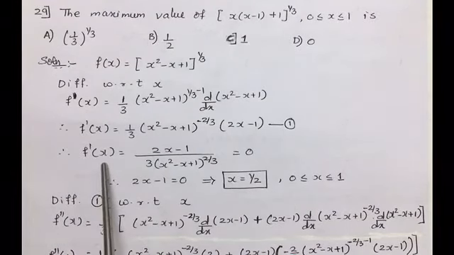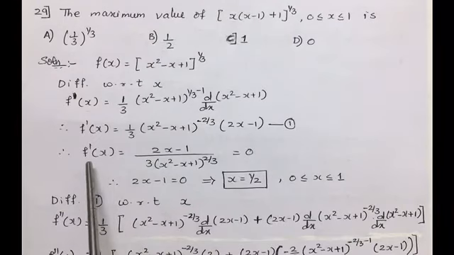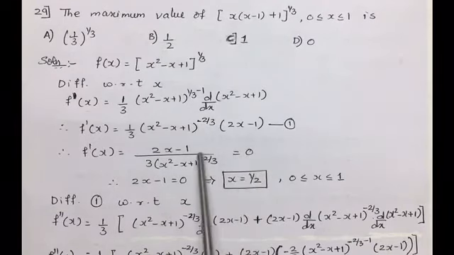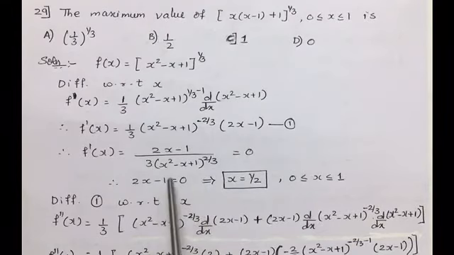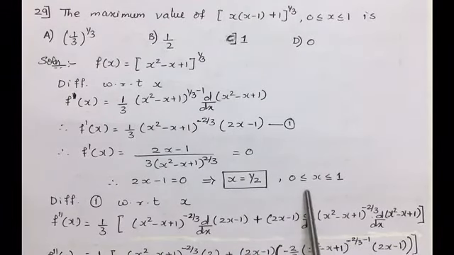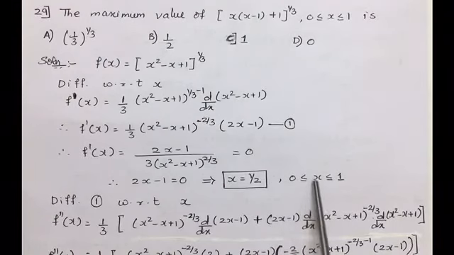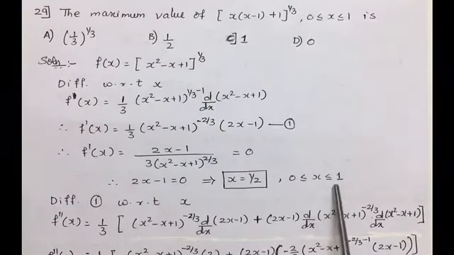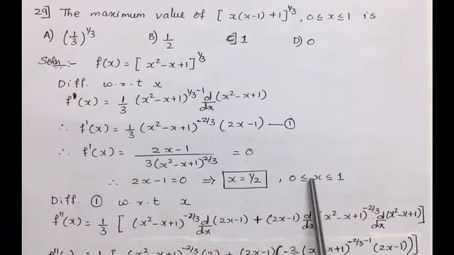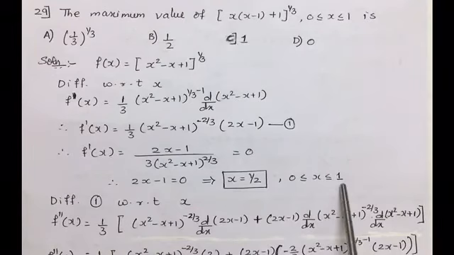Now to get the value of x, f dash x will be equated to 0. So equating it, the whole denominator goes the other side, it becomes 0, and we get 2x minus 1 equal to 0, x is equal to half, and here 0 is less than equal to x less than equal to 1, means half is the correct value of x as it belongs to this interval given.